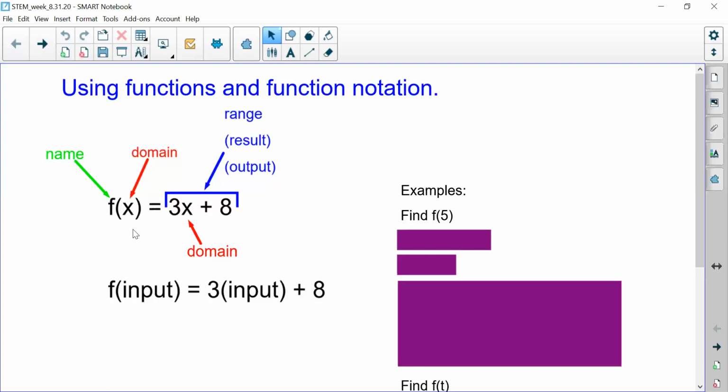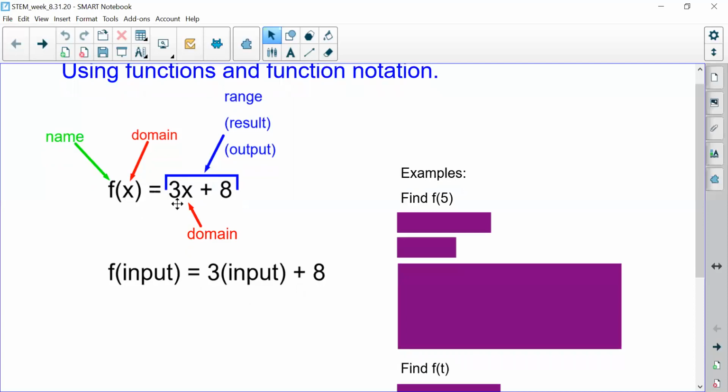And the result will be the output, or the range. So 3x plus 8 is the range. But notice 3x plus 8 equals f of x. So f of x is also the range. X is the domain, but f of x is the range. F of x is the product, the result of whatever x value you happen to put in.